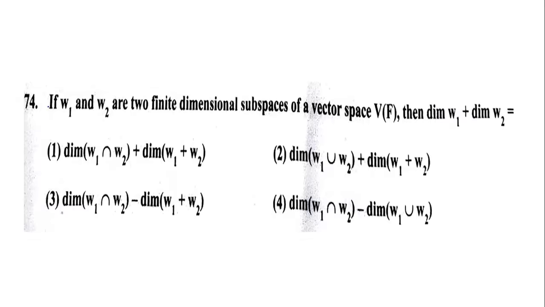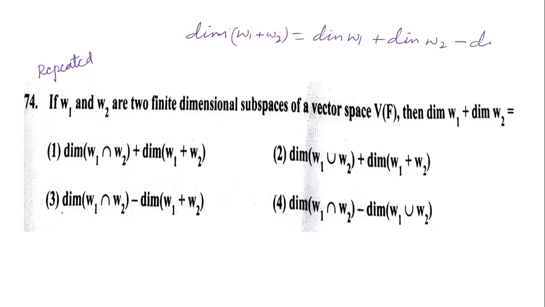Next, if W1 and W2, this is a repeated question from PYQs. If W1 and W2 are two finite dimensional subspaces of a vector space V over F, then dimension of W1 plus W2 is equal to, we know the formula, dimension of W1 plus dimension of W2 minus dimension of W1 intersection W2.